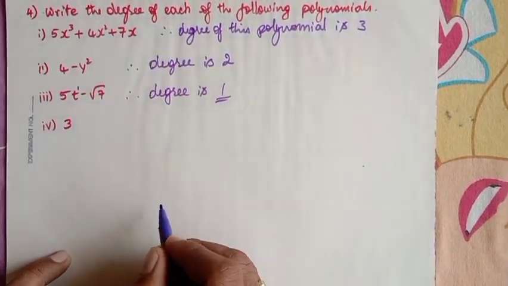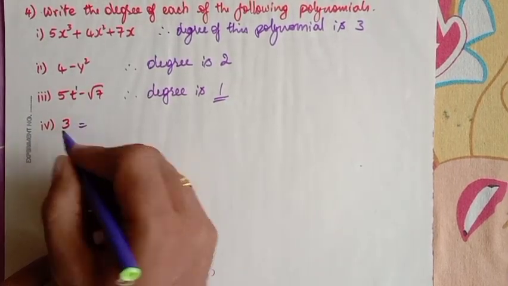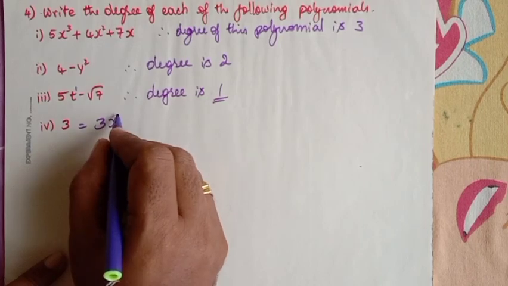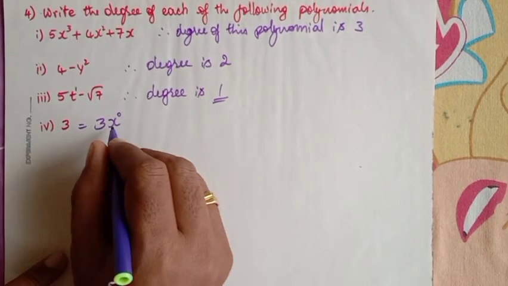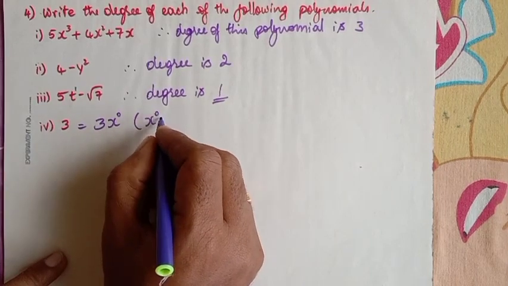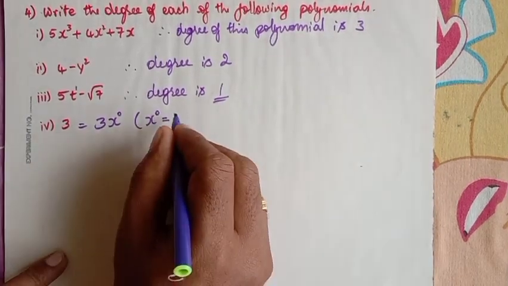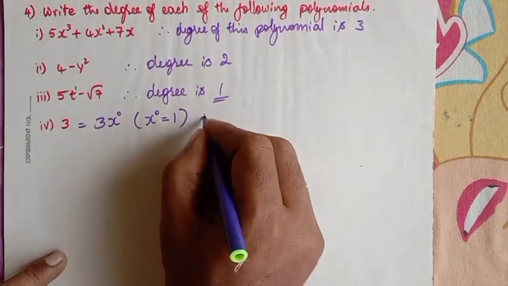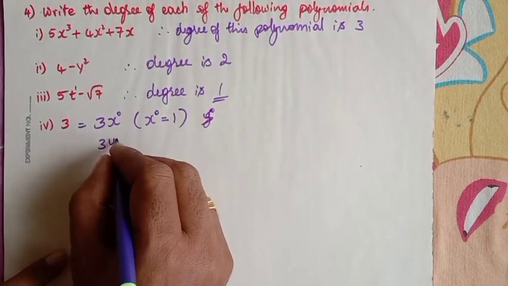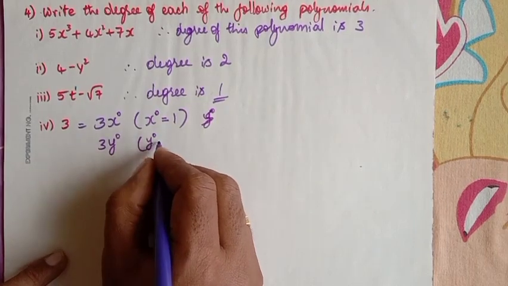In this case, we can write 3 as 3 x to the power of 0. As we all know, x to the power of 0 is equal to 1. If not, you can write 3y to the power of 0, where y to the power of 0 is equal to 1.